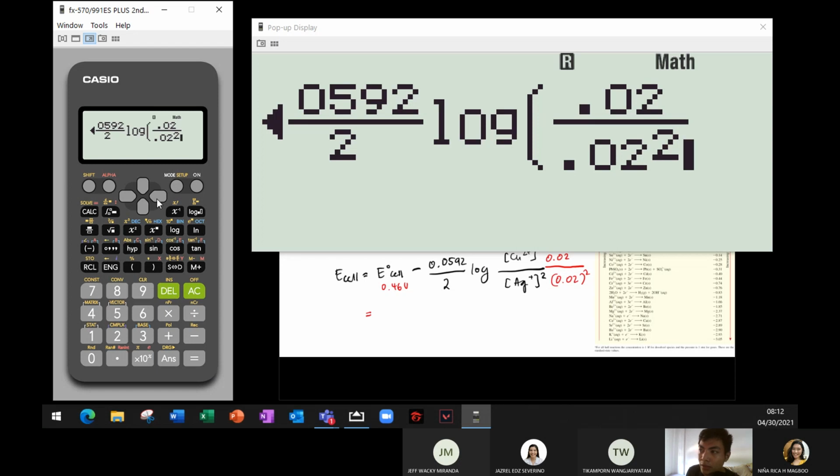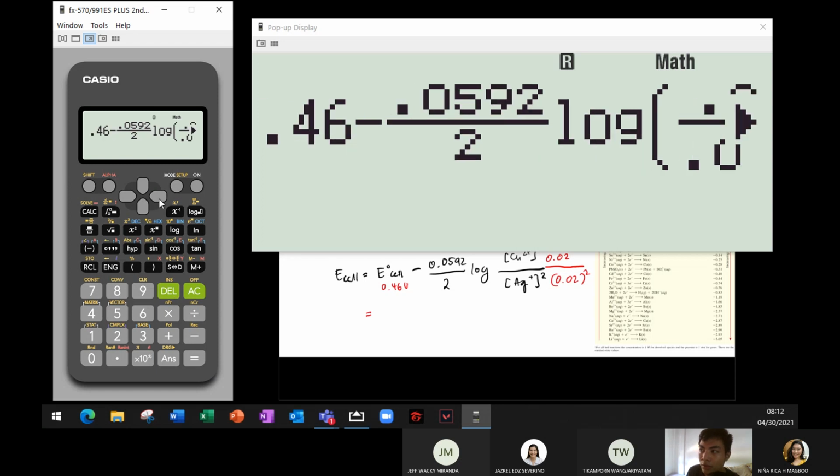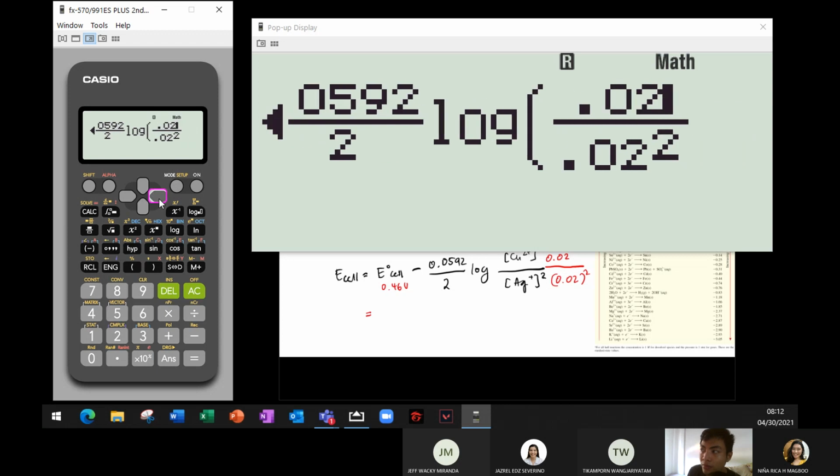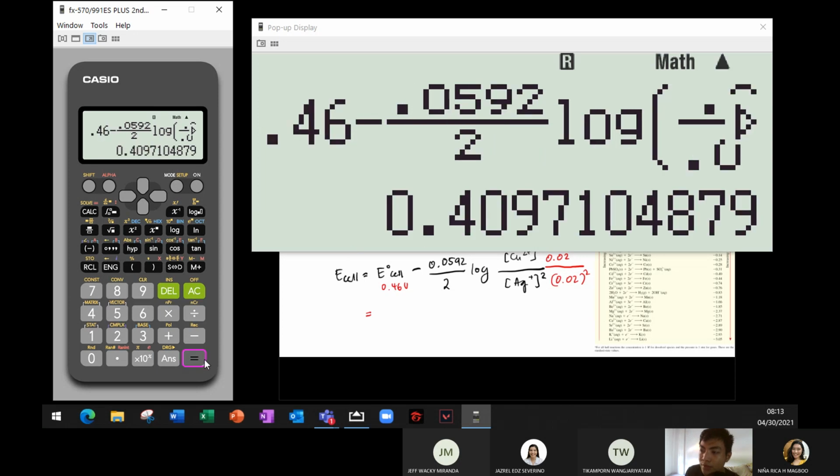So again, this is how the equation will look. This is the E naught cell minus 0.0592 over the moles of electrons, which is 2, times the logarithm of Q, which is the product over the reactant ion concentration. Then you press the equal sign.